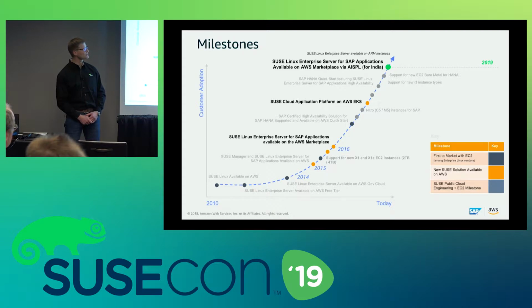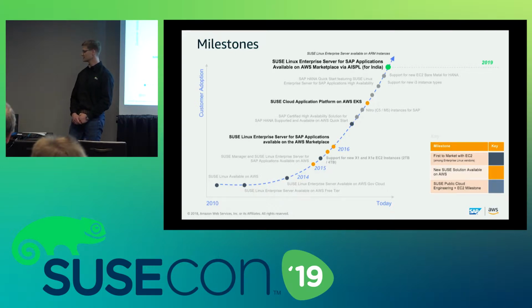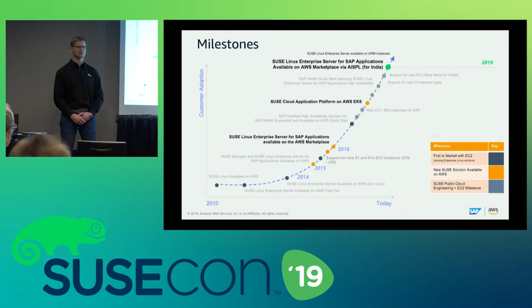Another important point was 2018. During Sapphire, AWS announced the bare metal instances with 6, 9, and 12 terabyte. So customers could run HANA in the cloud on a bare metal system with this high amount of main memory.